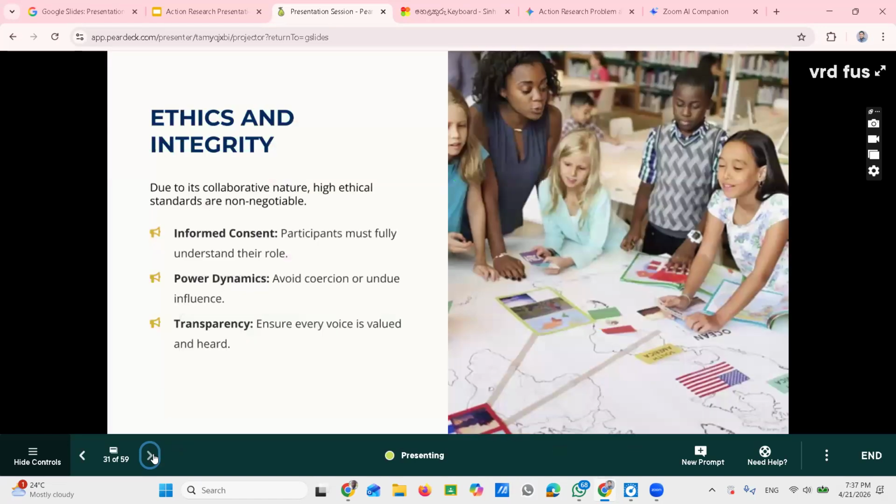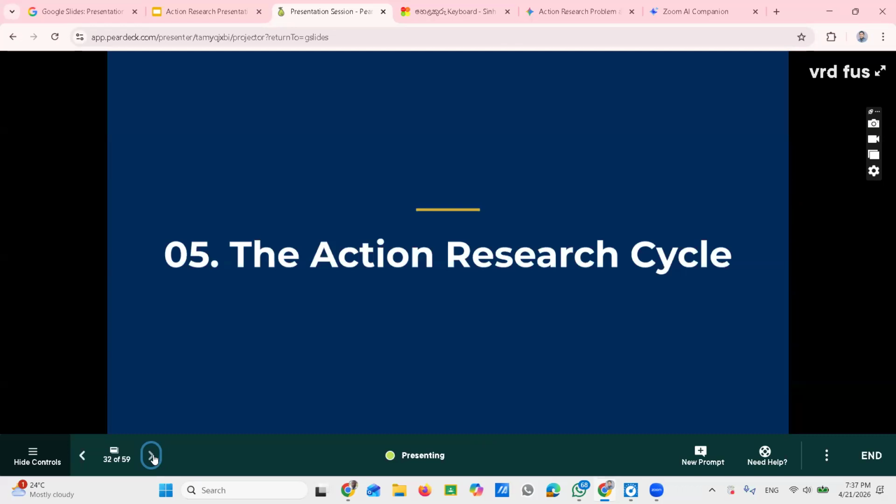Then we discussed ethics. Ethics is also important before you start your research work. You need to get all the permissions and decide the type of ethics you will follow throughout the research. This is the place where we stopped yesterday. Now we are going to start from this point, the action research cycle.